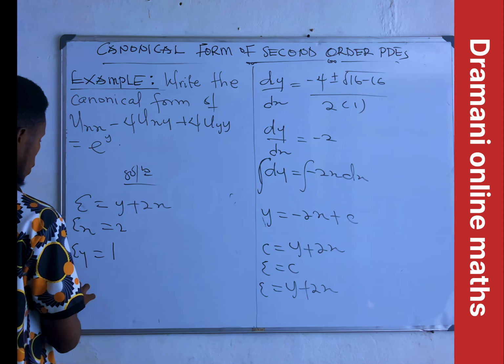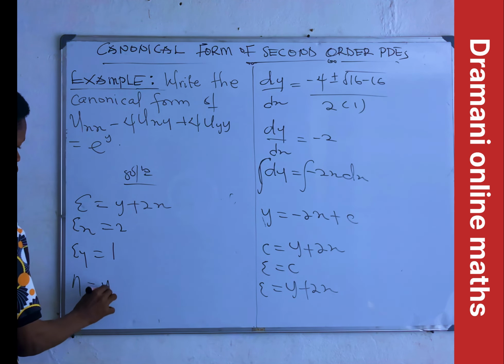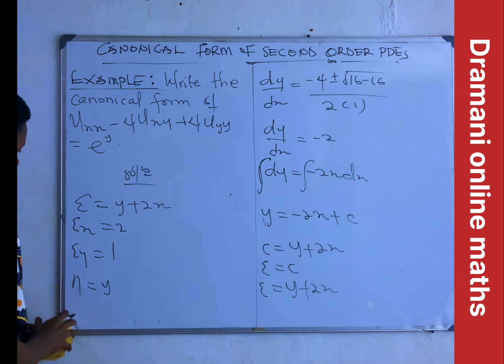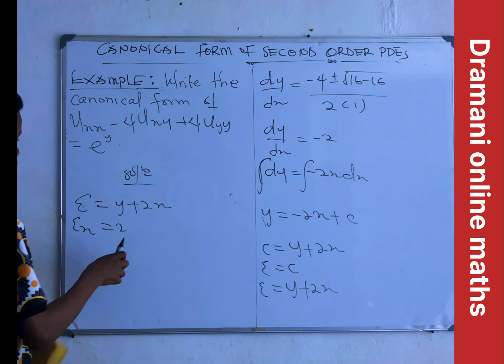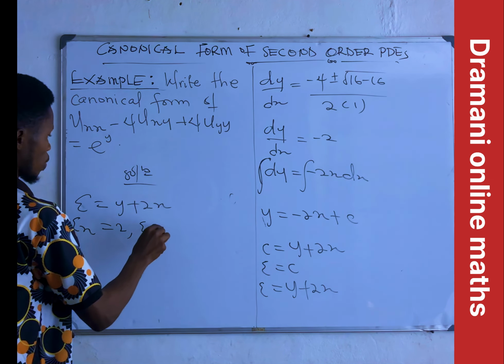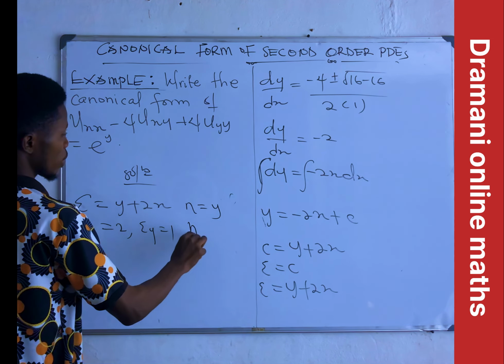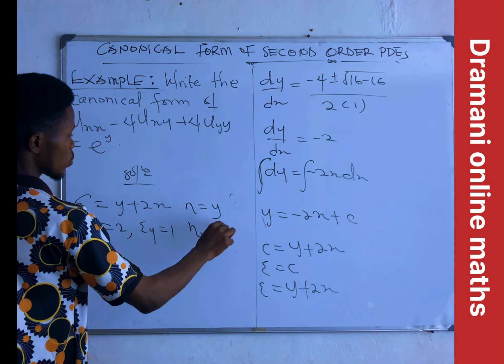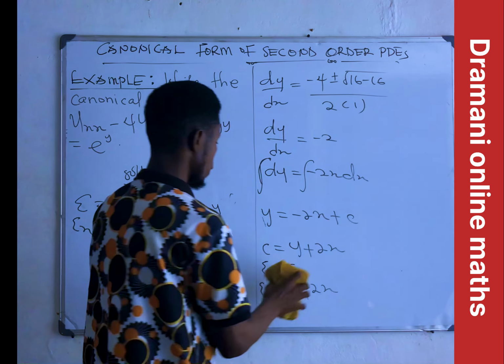Now you have to let eta be equal to what? Y. So if you let eta be equal to y, my eta y is what? 1. Eta x will be 0, so there's no need for me to write.